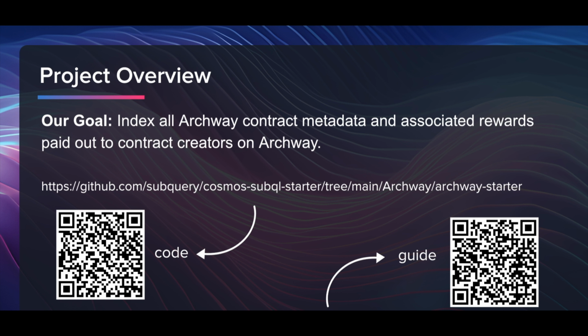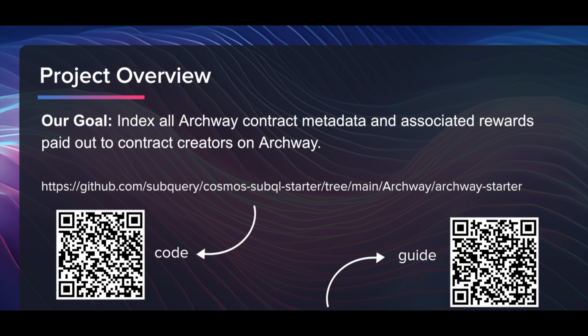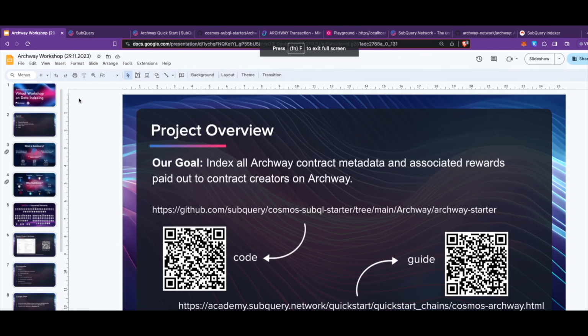And on the right-hand side, you can see a guide that is based essentially on top of this starter project. Those are interrelated in their contents, so be sure to check out both of them. So before I move to a demo, do we have any questions already? Okay.